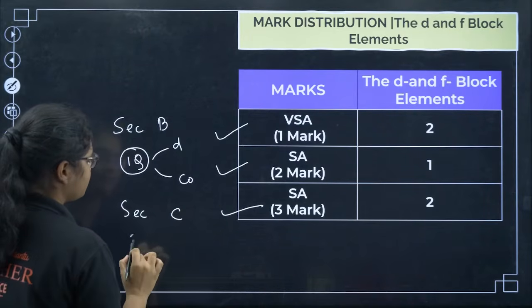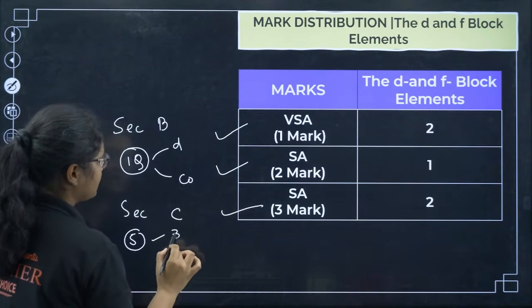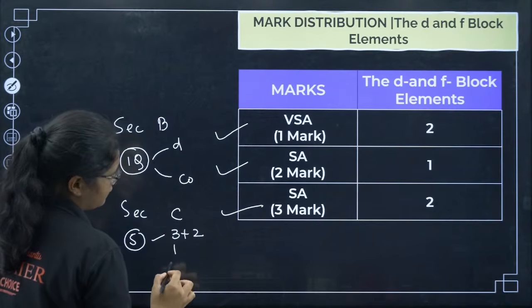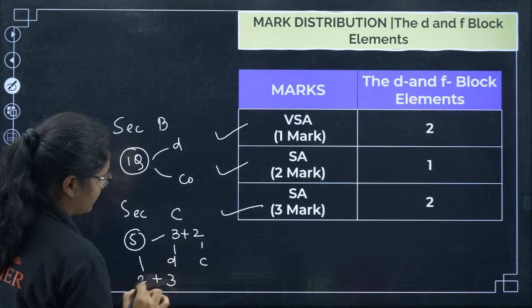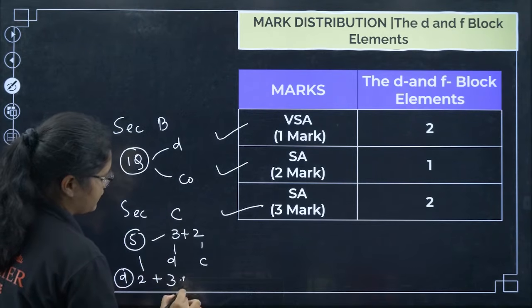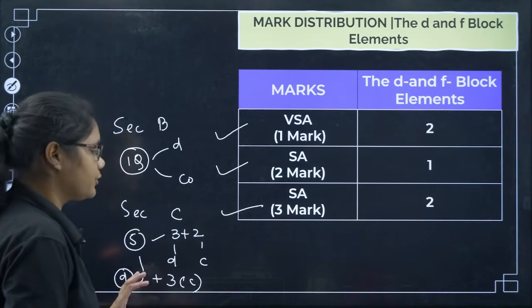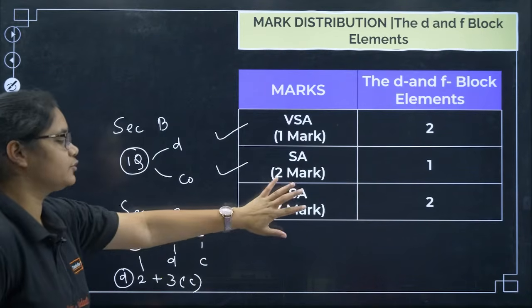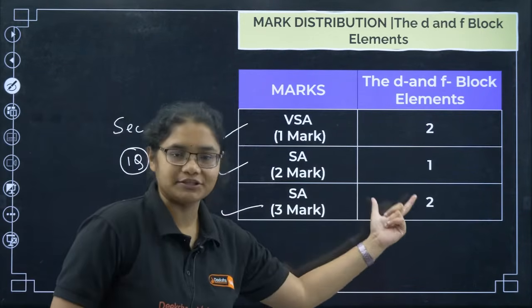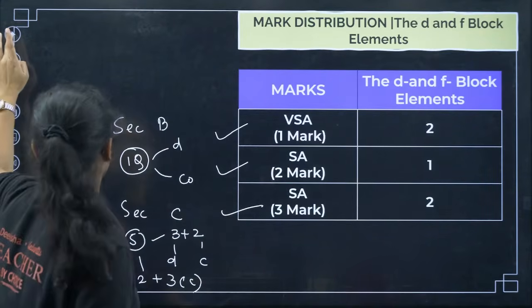It can be 3+2 where 3 is from D and F block and 2 is from coordination, or 2+3 where 2 questions are from D and F block and 3 questions are from coordination. So it can be anything. Here roughly we can expect 2 questions and 1 question in the 2 marker section.